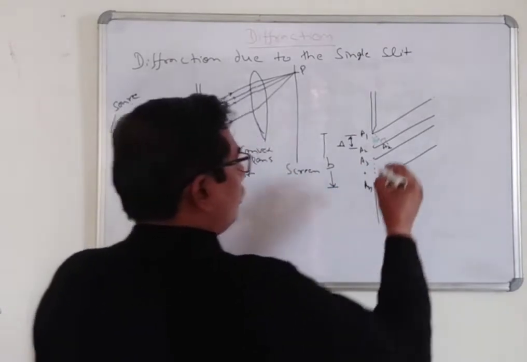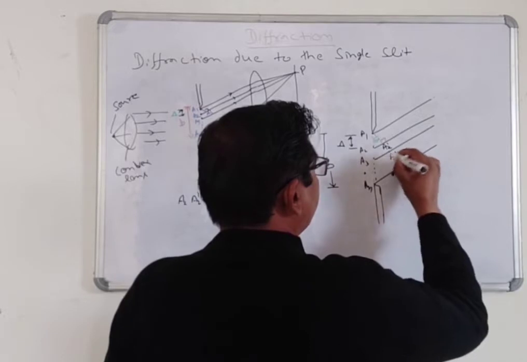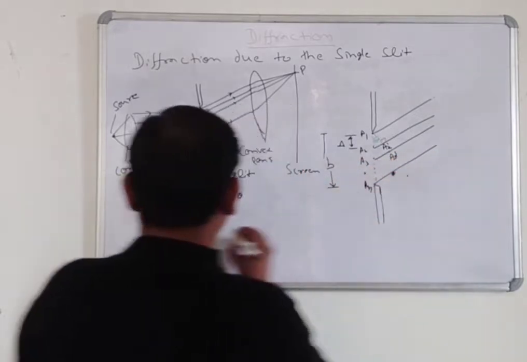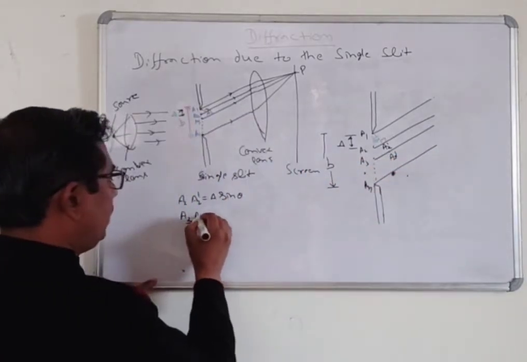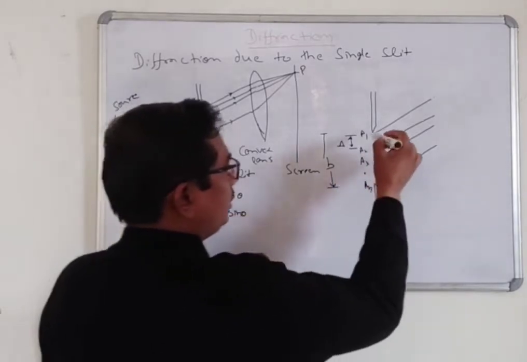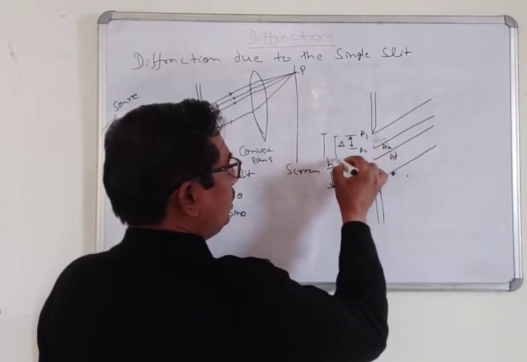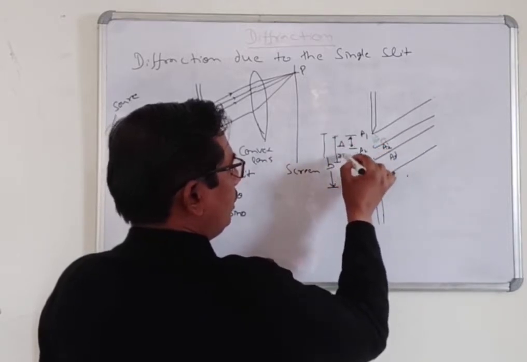Now when you extend the perpendicular, here it will be A3 dash, and this distance A3 A3 dash is equal to 2 delta sine theta. From here to here is 2 delta sine theta.